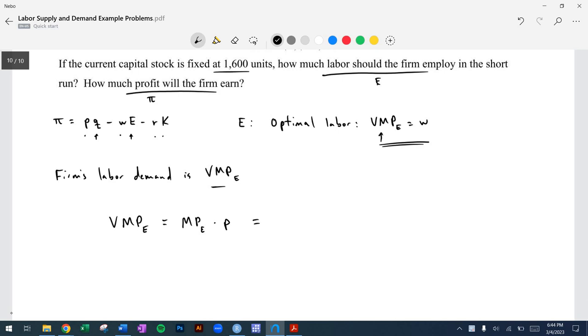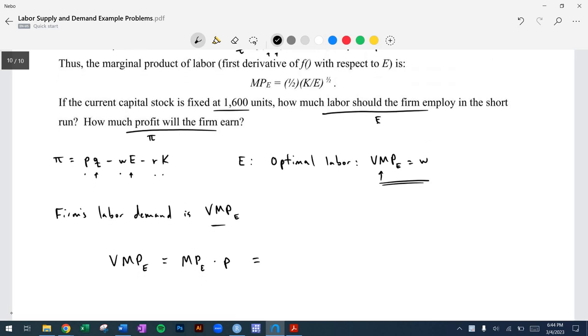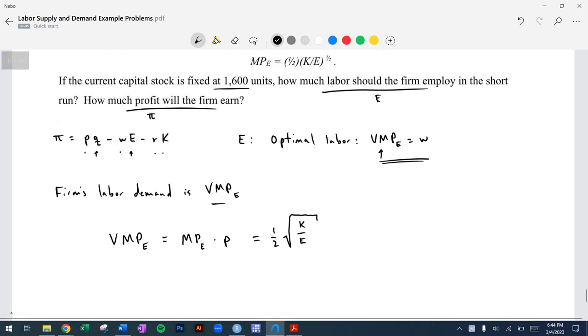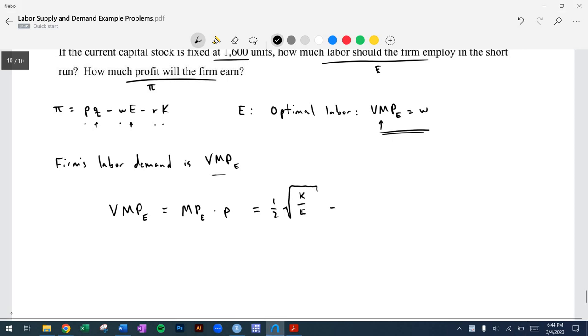So marginal product of labor, that's 1/2 K over E to the 1/2, which is the square root of K over E, and we can plug in what we know here, times the price.